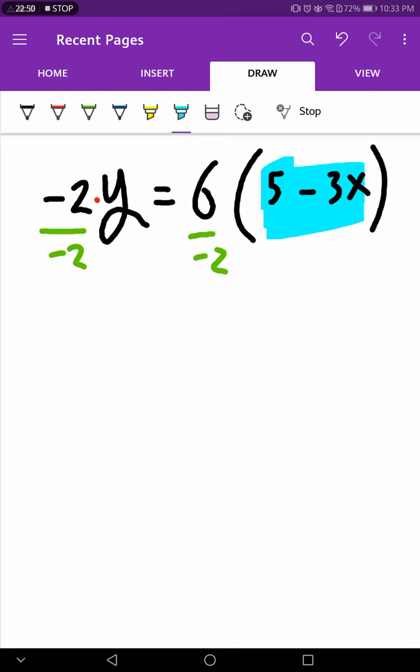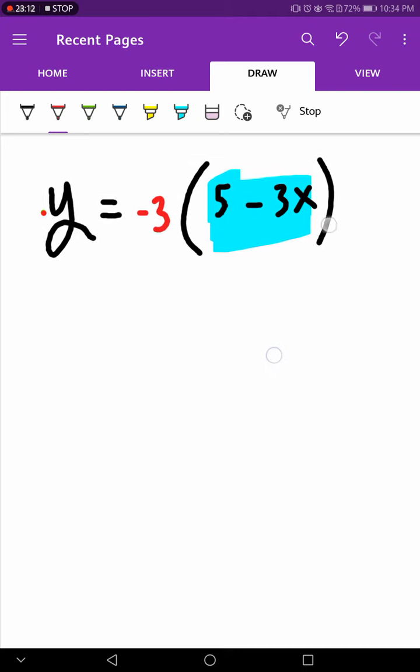When you divide the 6 by the 2, you divide all of them by the 2 actually. So the y comes alone and happy, and the 6 will be negative 3.